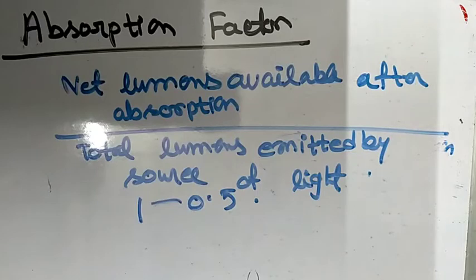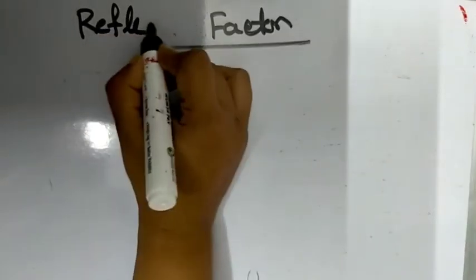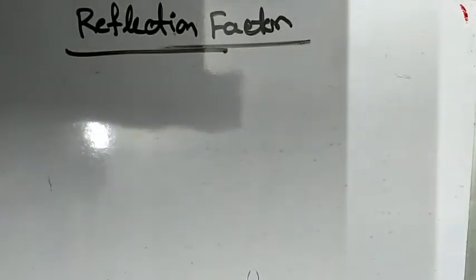Next is reflection factor. All the light incident on a reflecting surface is not reflected. Some portion of the same is absorbed by the surface.